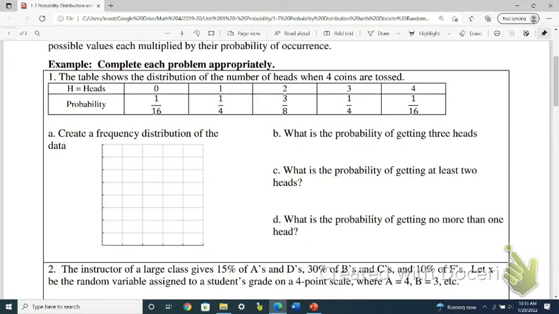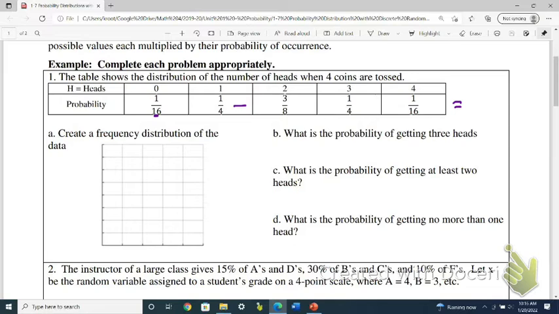Number 1 says the table shows the distribution of the number of heads when 4 coins are tossed. First thing I look at is what is my total probability, because I need to make sure my total probability is 1. So to do that, I'm going to add them up. To add them up, I need common denominators. My common denominator will be 16.